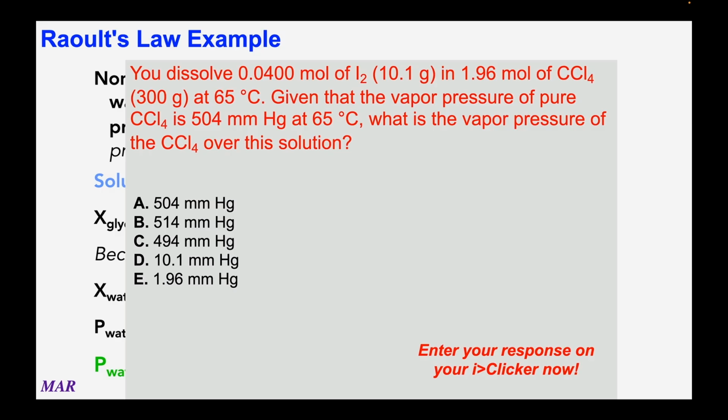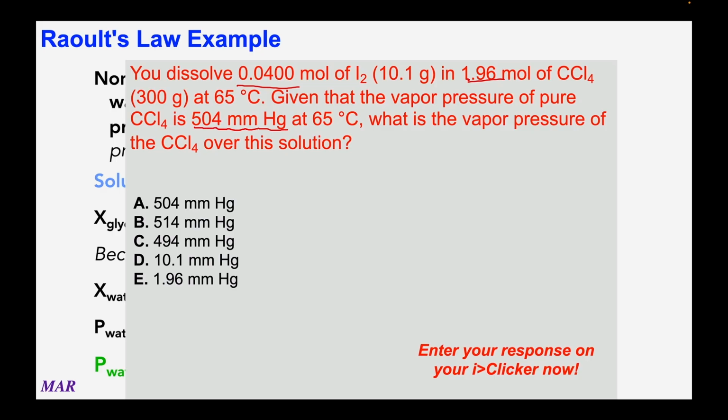So we'll use the vapor pressure in the solution equals the pure vapor pressure, which is this number right here, 504 millimeters of mercury, times the mole fraction of the solvent. So we have here 1.96 moles of carbon tetrachloride, and we have 0.0400 moles of iodine.